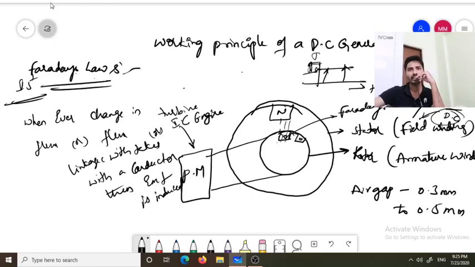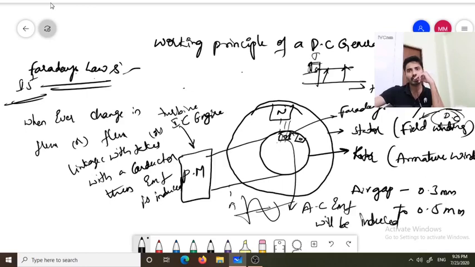That EMF is always sinusoidal in nature, so we can represent the sine wave as an AC value of EMF. So in the armature, an AC EMF will be induced. That means alternating current EMF. That EMF is sinusoidal in nature.